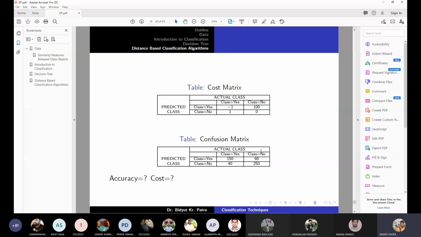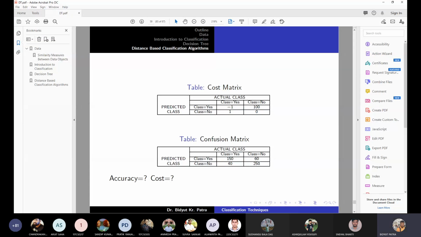So now in this example, what will be the accuracy in this scenario? How do you compute the accuracy? You see this confusion matrix and the cost matrix. How do you compute the accuracy first? 150 examples are rightly identified out of a total of 190 positive class.